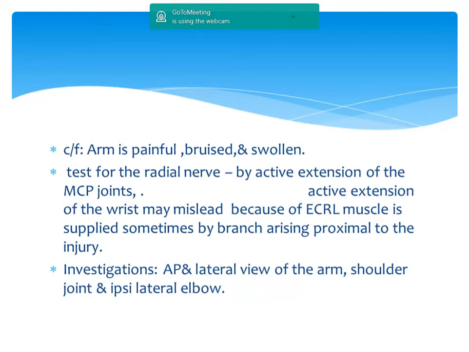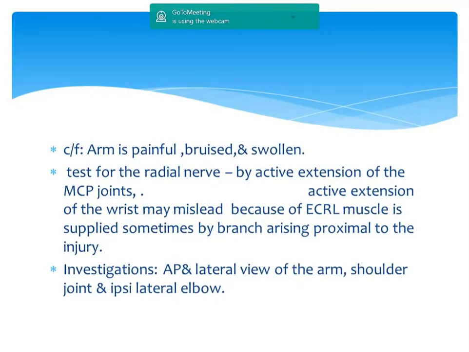Active extension of the wrist may mislead, because the extensor carpi radialis longus is sometimes supplied by a branch arising proximal to the injury. If the radial nerve is divided proximal to the fracture after giving a branch to ECRL, the patient will still do active extension of the wrist. In that case, it may mislead.